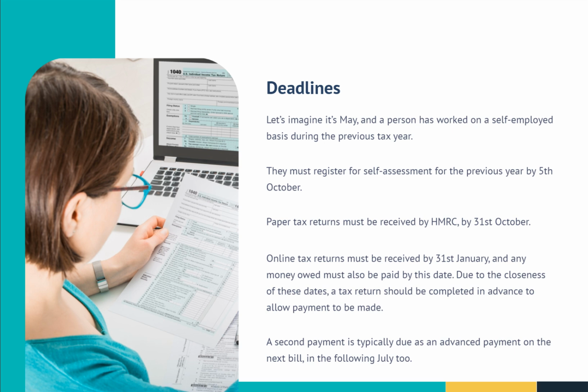Online tax returns must be received by 31st January, and any money owed must also be paid by this date. Due to the closeness of these dates, a tax return should be completed in advance to allow payment to be made. A second payment is typically due as an advance payment on the next bill in the following July.